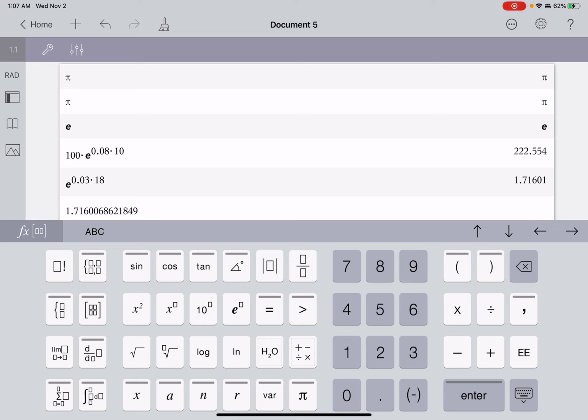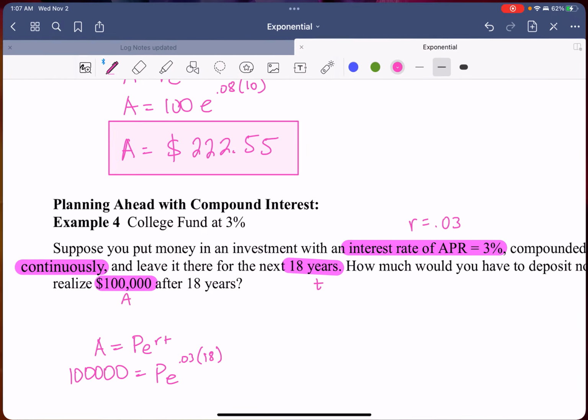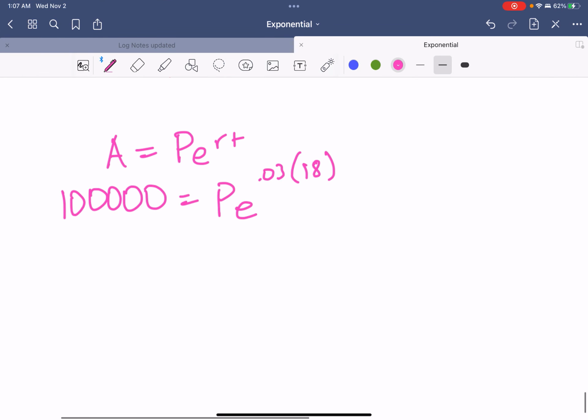So to eliminate a rounding issue, you just want to keep it as e to the exponent, because if you round in the middle of your problem, you will get the answer wrong at the end and you'll be off by a little bit. So to avoid that happening, just keep it as e to the power of whatever.